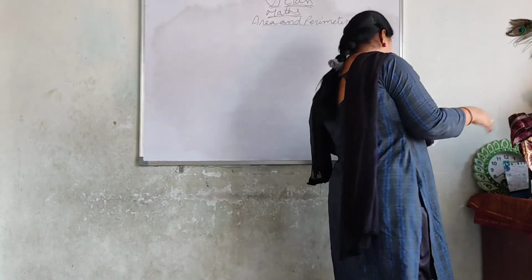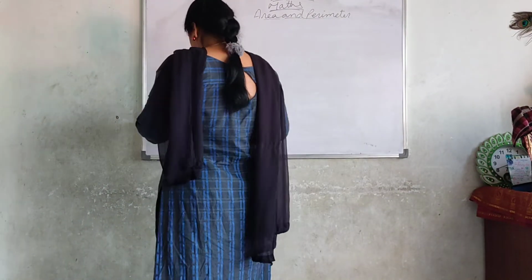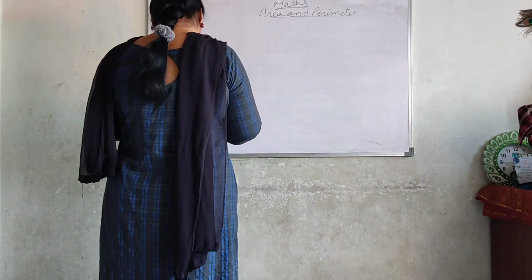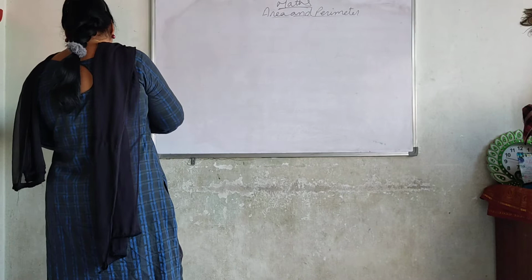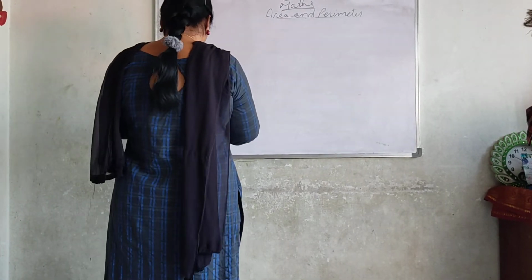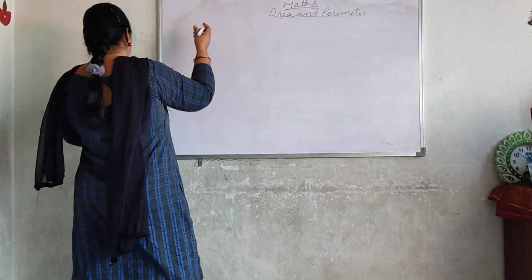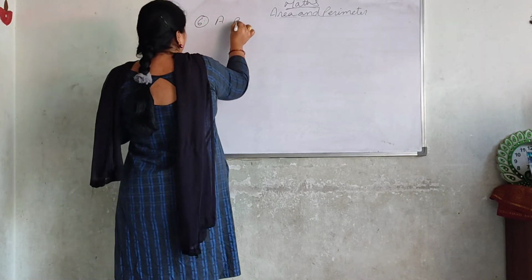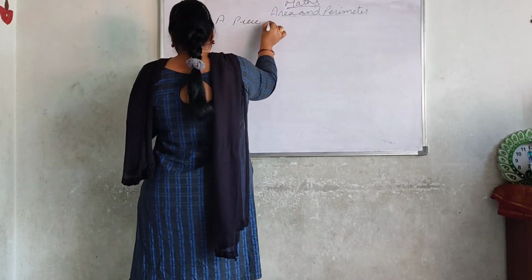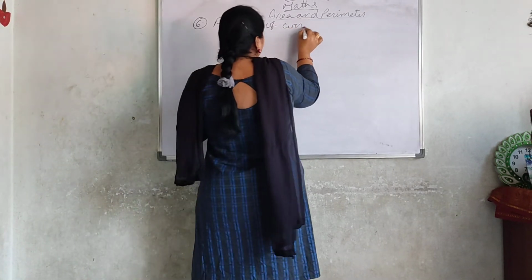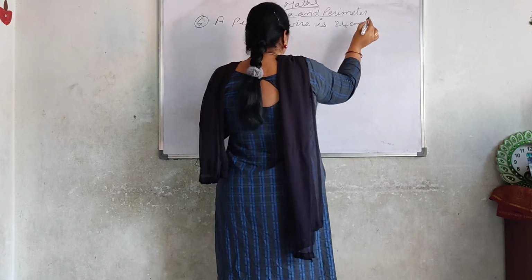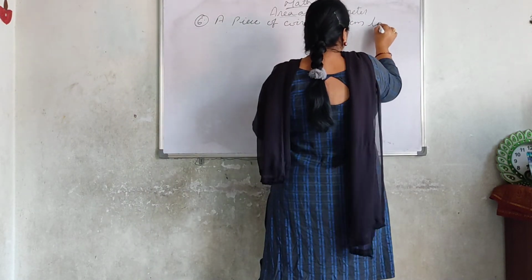Let us go for the next problem here. Sixth one. A piece of wire is 24 centimeters long.